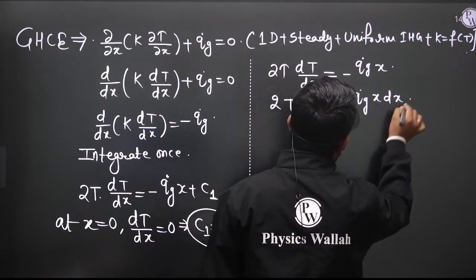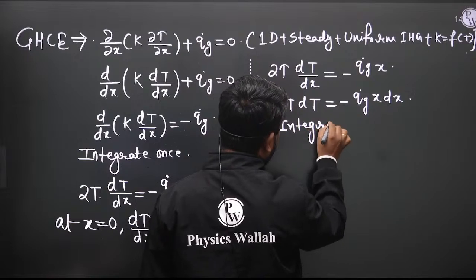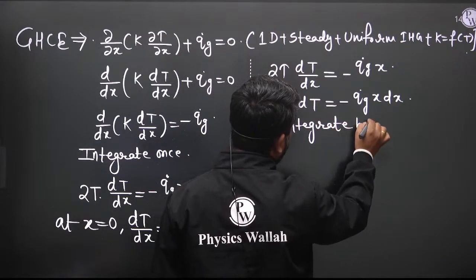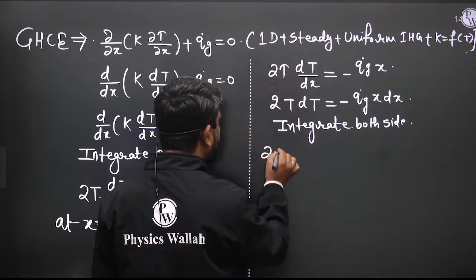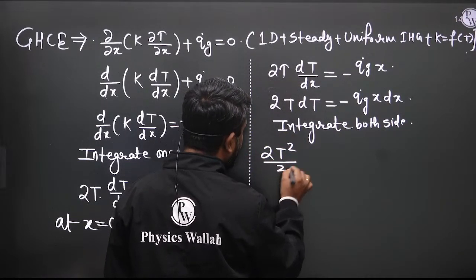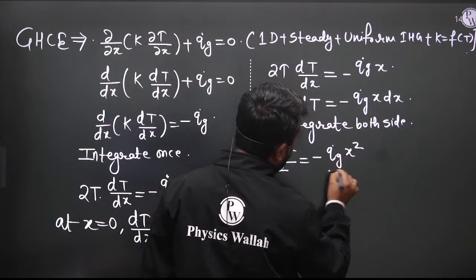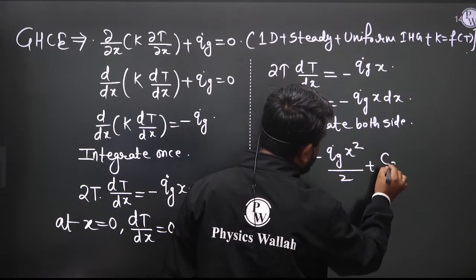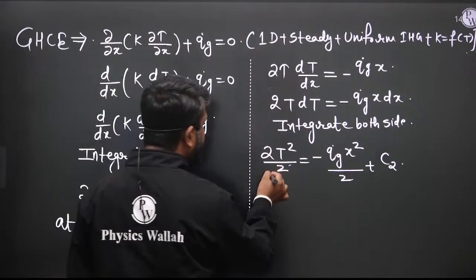Now integrate both sides. So k T square by 2 is equal to minus q dot g x square by 2 plus another integration constant, C2. Now 2 and 2 cancel out.